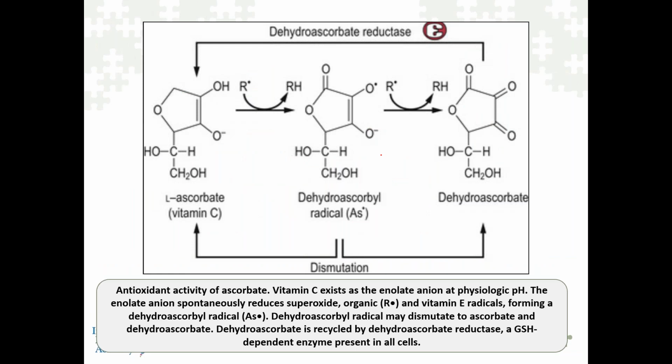Ascorbic acid is particularly well suited for this in its various forms that it moves through. So vitamin C exists as an anion at different physiological pHs. And so it helps to reduce a superoxide, for example, and is also involved in the reformation of vitamin E after it has interacted, for example, with a polyunsaturated fatty acid attack.